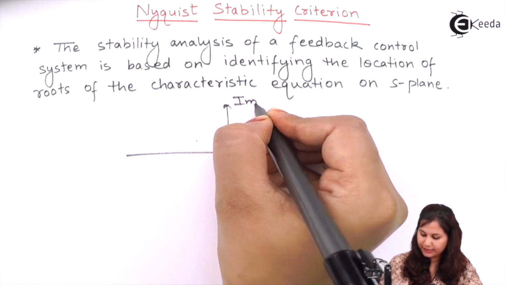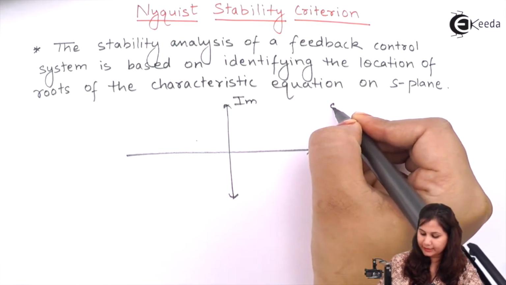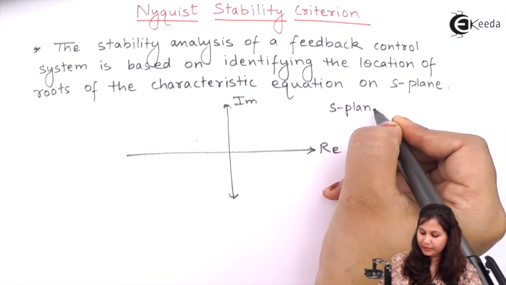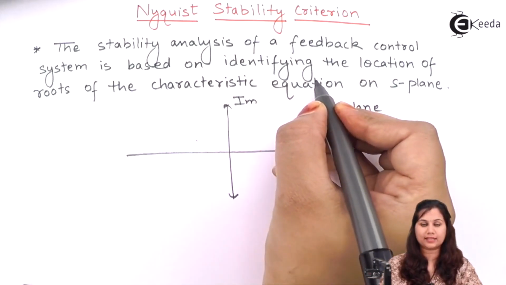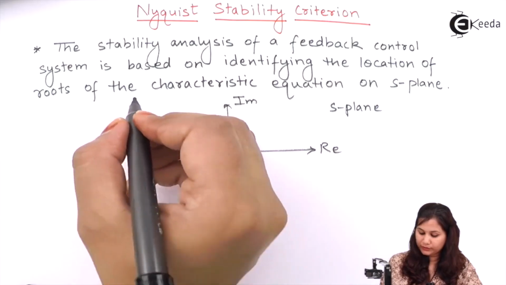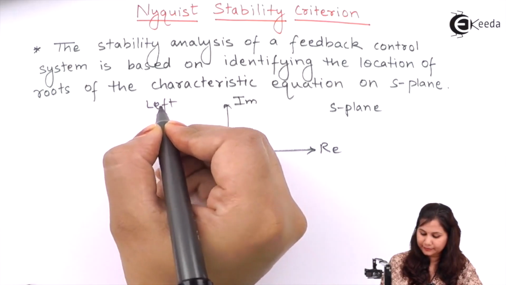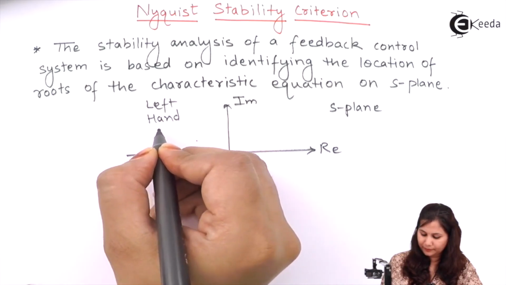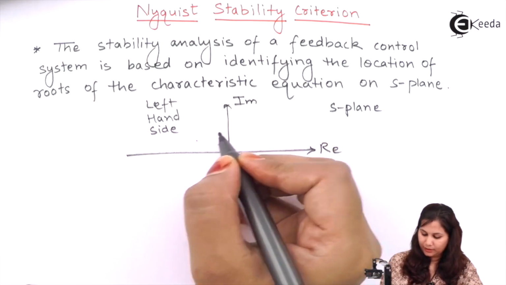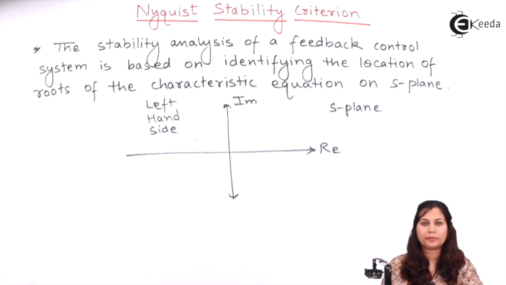This is the imaginary axis and this is the real axis. So on the S plane, if the roots of the characteristic equation are lying on the left hand side, then the system is said to be stable.